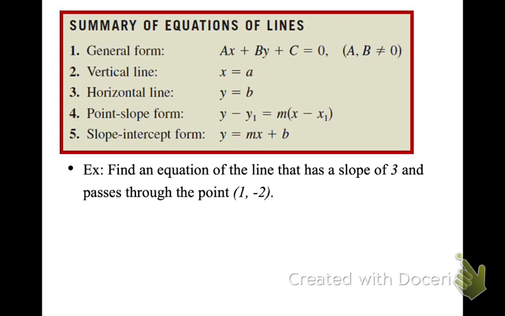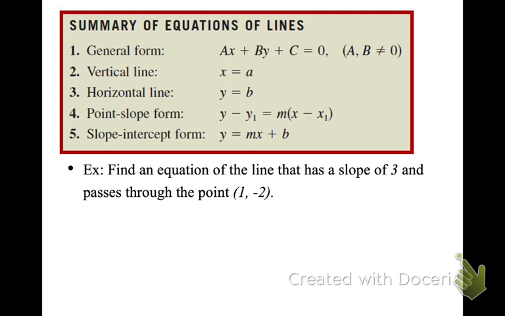Well, general form is Ax plus By plus C. Vertical is x equals some value, because it doesn't have a y-intercept unless it is the y-axis. Horizontal line, the equation is y equals b. And that's the y-intercept, right? b is the y-intercept.